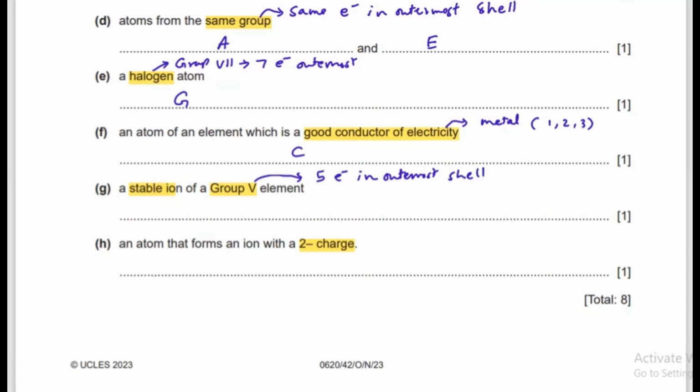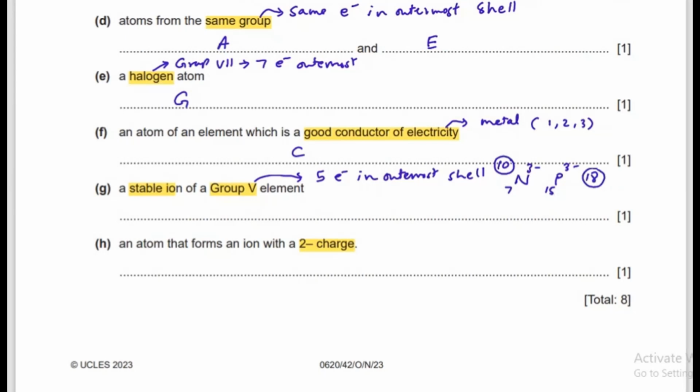For example, if we take nitrogen and phosphorus from group 5, nitrogen can form N3 negative having proton number 7. Phosphorus can also form P3 negative having proton number 15. So N3 negative must have 10 electrons and P3 negative 18 electrons. So these are the stable ions of group 5 elements within the first 20 elements.